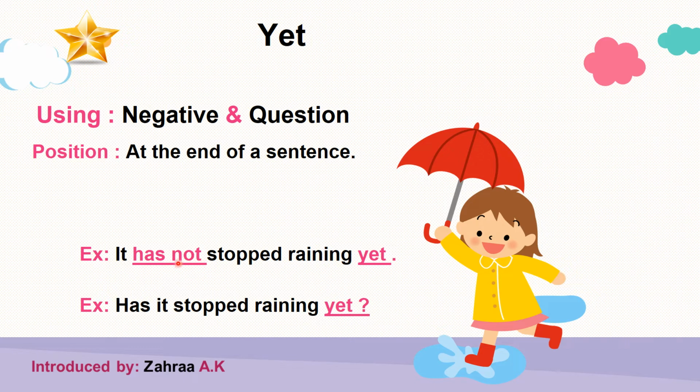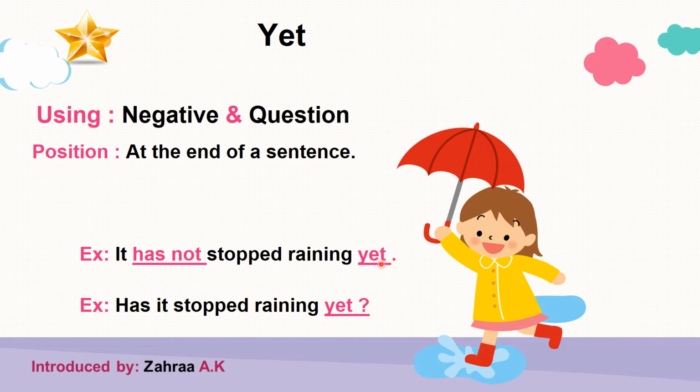It hasn't, has not. بما أنه منفية نستخدم yet. We used has because it is singular. After the negative comes stopped, the past participle of the verb stop. أصل الفعل هو stop، بالماضي stopped وبالpast participle stopped.